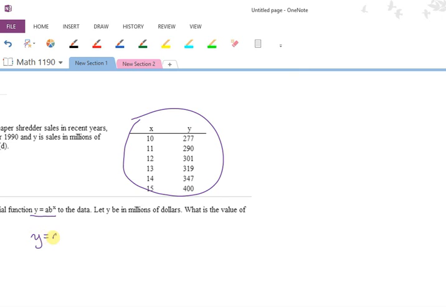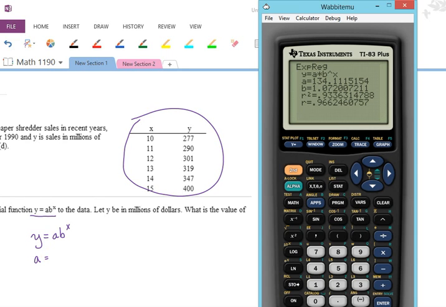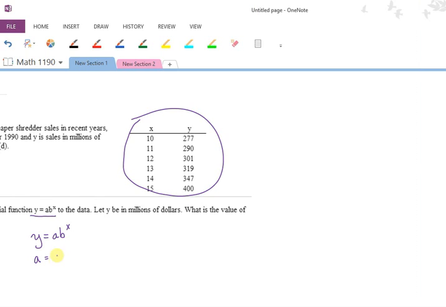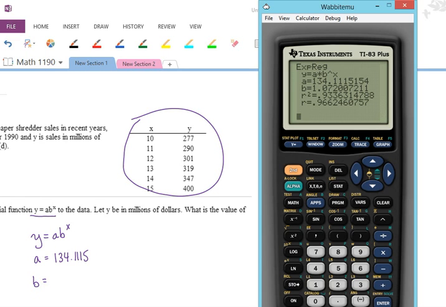So it's telling me I have y equals ab to the x, where a was 134.1115 and b was 1.0720.